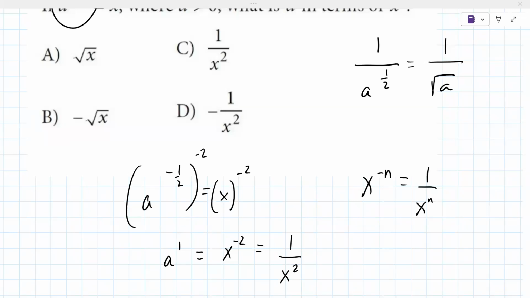Let me see if I can find another one of these before we move on to the other type of solving. They do tend to throw in something like that. All right, this one's kind of something we can do.